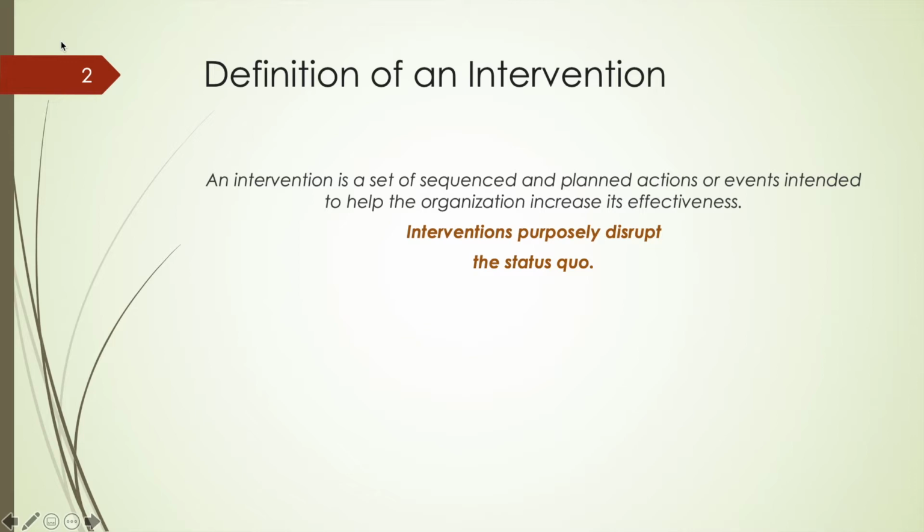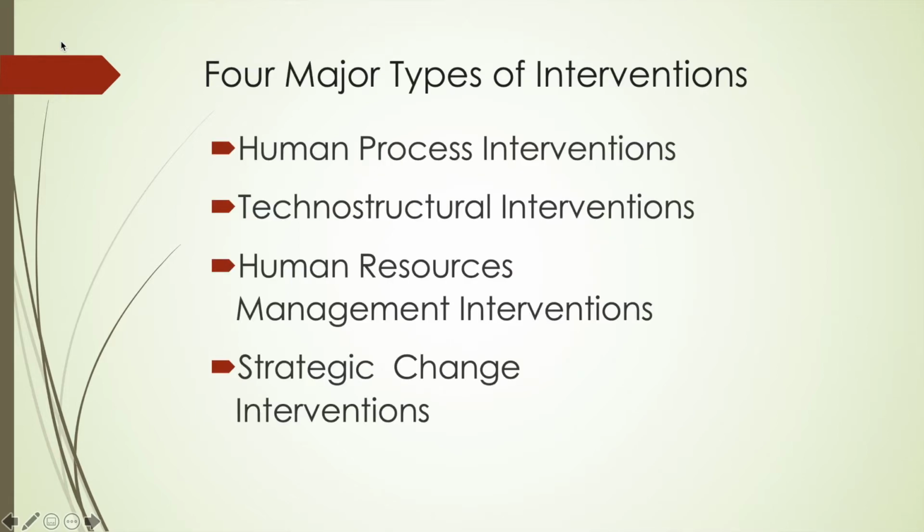And this is what an OD practitioner does when they come into an organization to help in the change process. Now, we've looked at the four major types of interventions in the past, but we've never really gone over it. This chapter deals with the four types of intervention in detail, so let's take a look at those.